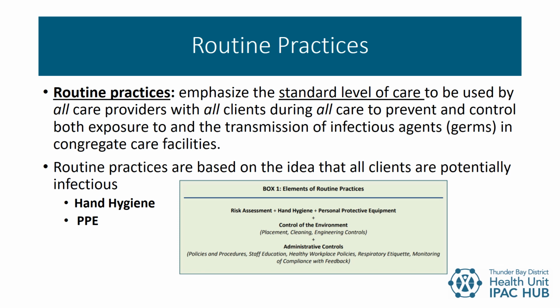Routine practices include hand hygiene and routine use of PPE, but also extend to other elements such as point-of-care risk assessment, controls of the environment, and administrative controls. The consistent and appropriate use of routine practices by all healthcare providers with all patient encounters will lessen microbial transmission in the healthcare setting and reduce the need for additional precautions.